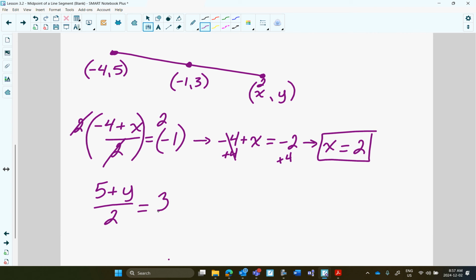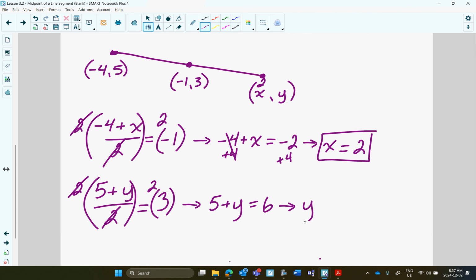Again, fraction equation, get rid of the fraction first by multiplying by 2. Those cancel out. Which means I have to multiply this by 2. What does the equation look like? And therefore, y is equal to 1. So what's the missing endpoint? 2, 1.